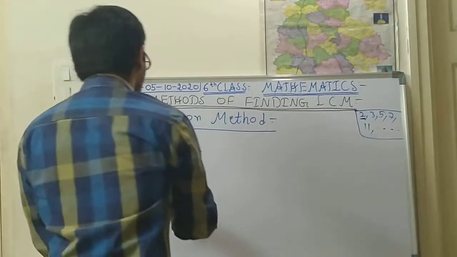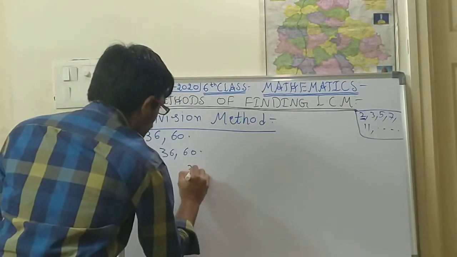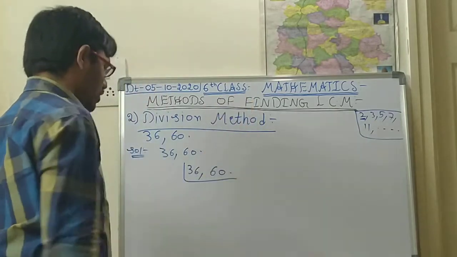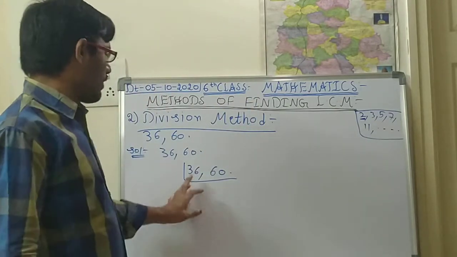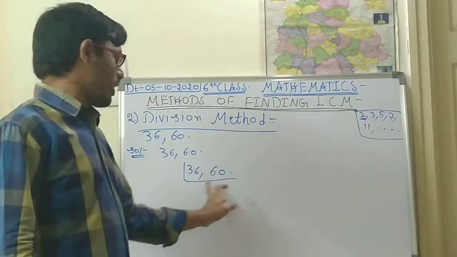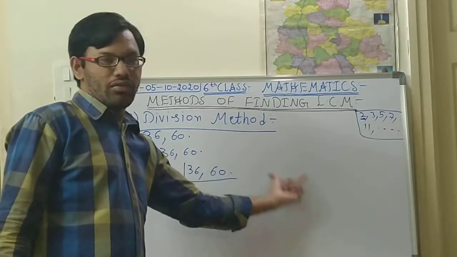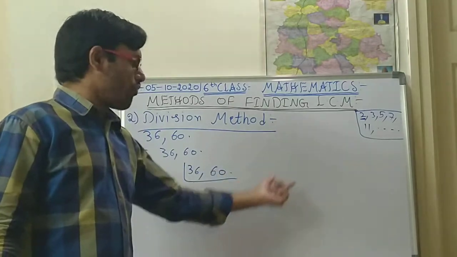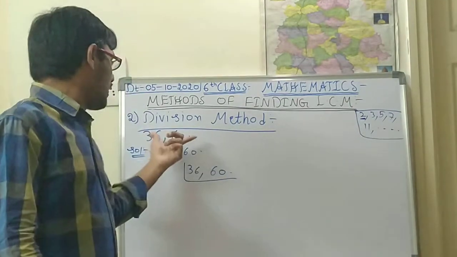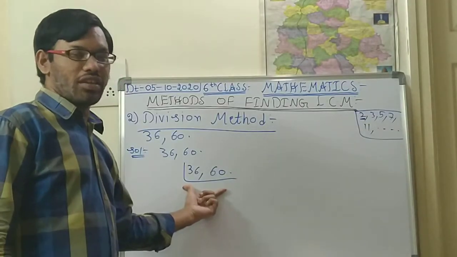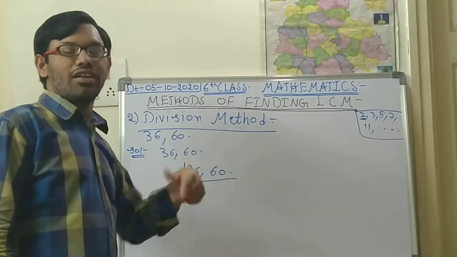You should do the division for both at a time. In the prime factorization method we did only one at a time. But in this division method we find the prime factors for both at a time. That is called the division method.